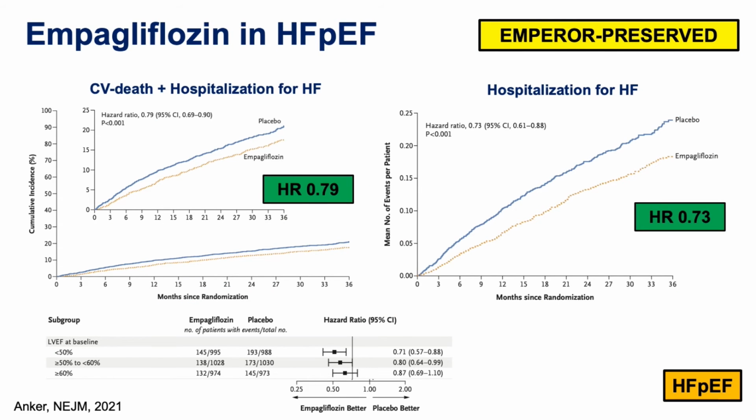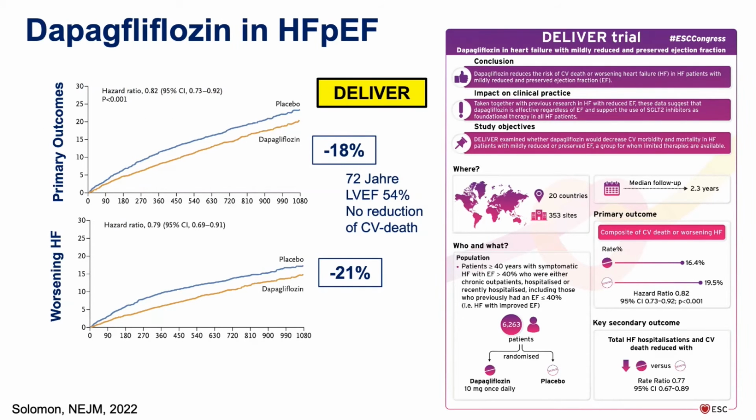This has been shown in the EMPEROR-Preserved trial recently, testing empagliflozin in HFpEF, again showing that heart failure associated outcomes were greatly improved by SGLT2 inhibition. Again, this year during the ESC conference, it was presented that dapagliflozin is likewise equally good in reducing heart failure associated endpoints in patients with HFpEF.